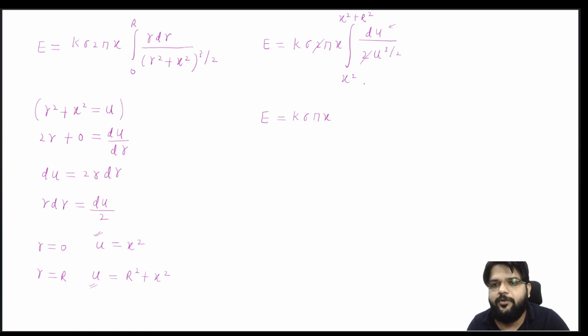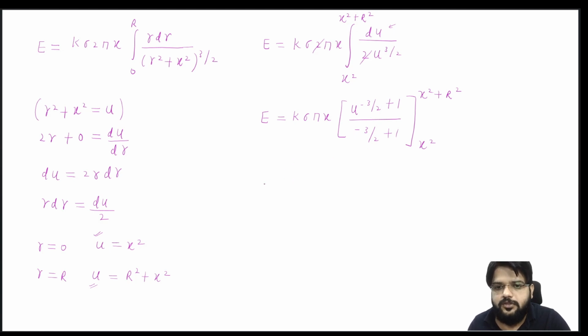So it is u power minus 3 by 2. After doing the integration, we will get u power minus 3 by 2 plus 1 divided by minus 3 by 2 plus 1, and the limit of integration is x square to x square plus r square. Correct, everyone? Now the next thing here: this u power minus 3 by 2 plus 1 is minus 1 by 2.